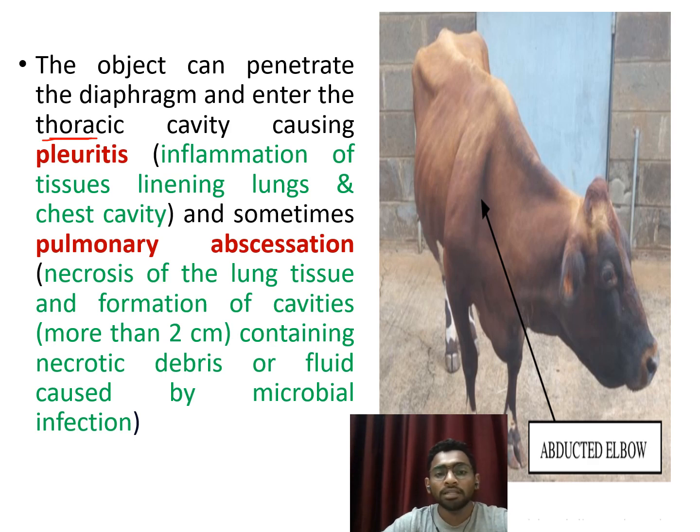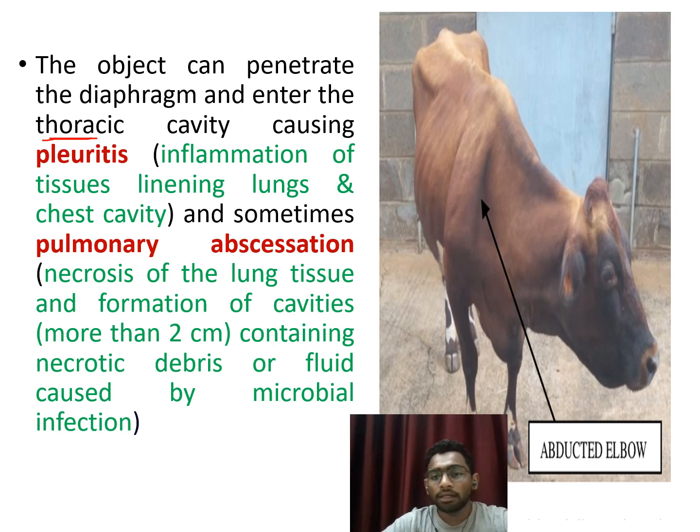What is pleuritis? It is the inflammation of the tissue lining the lungs and the chest cavity. And sometimes a pulmonary abscess, which causes necrosis of the lung tissue and forms cavities which may be filled with fluid from microbial infection.